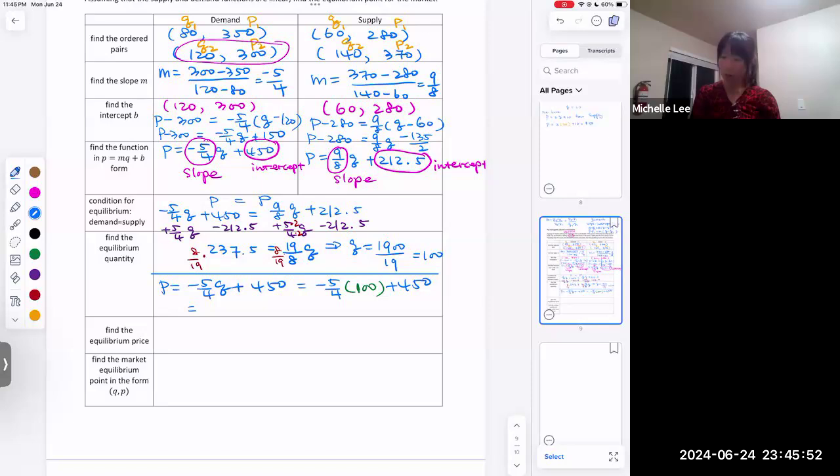If we calculate, that will be 325. All right, that is the equilibrium price.